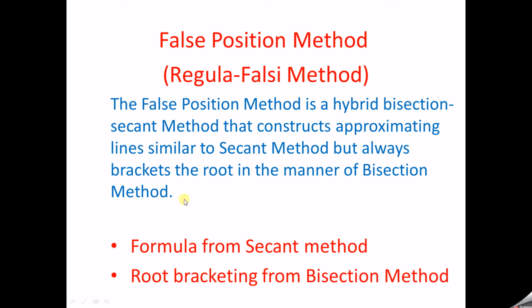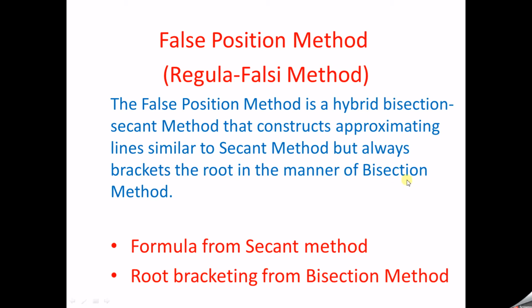This is how we can describe it: we are taking the formula from the secant method to make sure the convergence is faster, but it always converges because of the bisection method's root bracketing condition. That means the root always lies between two values.